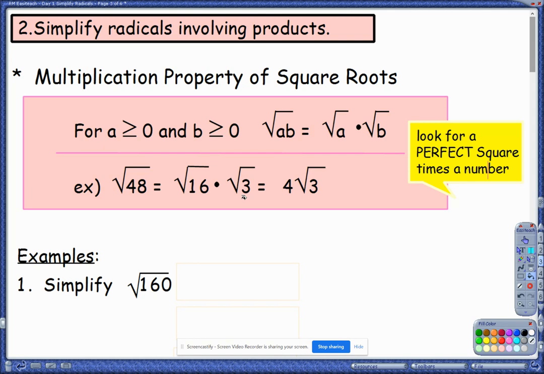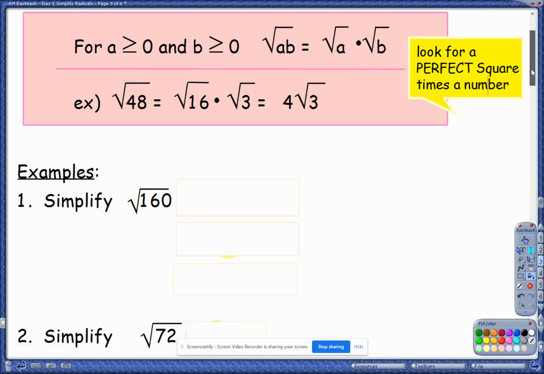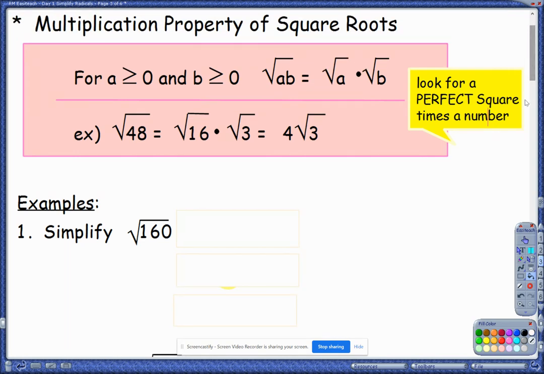What is radical 160? So at this moment, you need to think about which perfect square times a number will give me 160. And it turns out that 160 is the product of 16 times 10. And I've highlighted the perfect square here, which is 16.